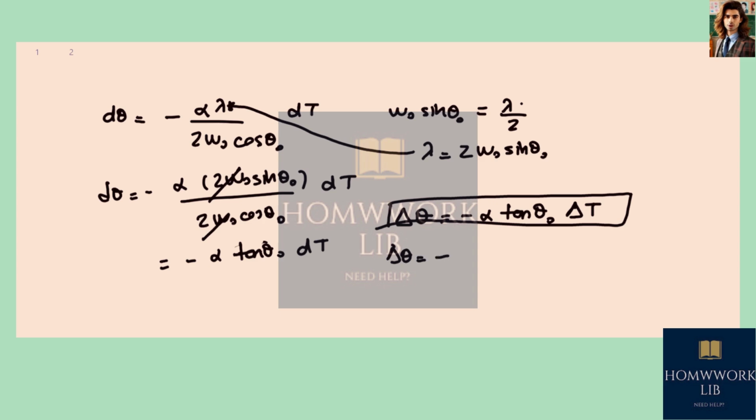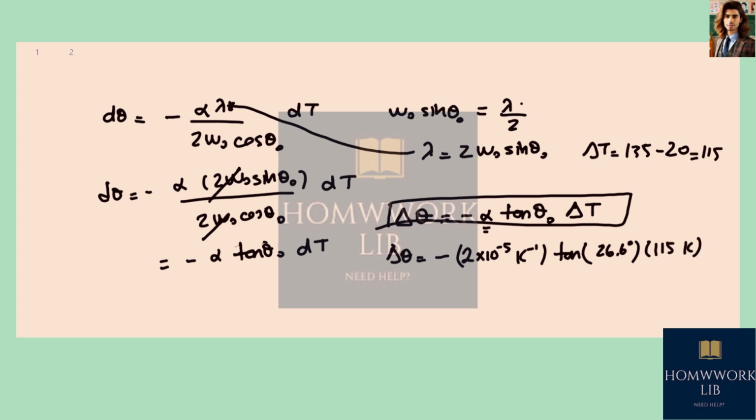We can look up the expansion coefficient: it's 2 times 10 to the power of negative 5 per Kelvin. The tangent of the angle is given as 26.6 degrees. Delta T is 135 minus 20, which is 115 Kelvin.